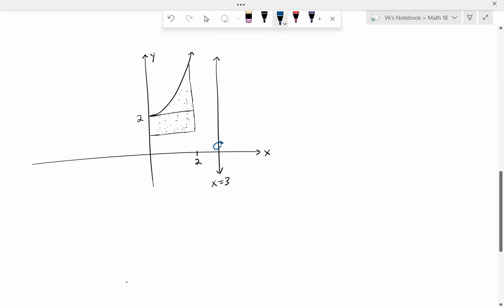One of them is in region 1 and the other one is in region 2. So here comes the first sample washer, and here comes the second one.